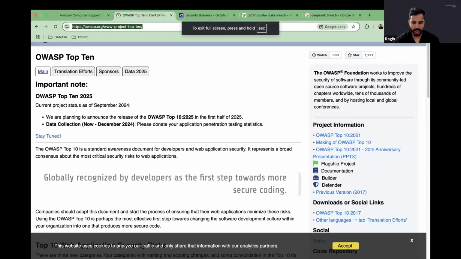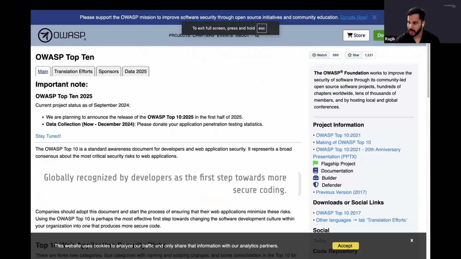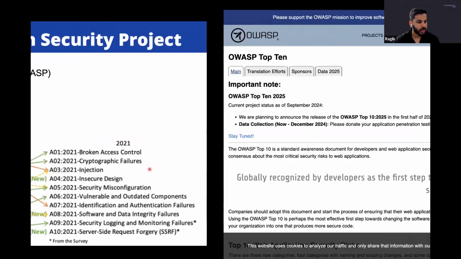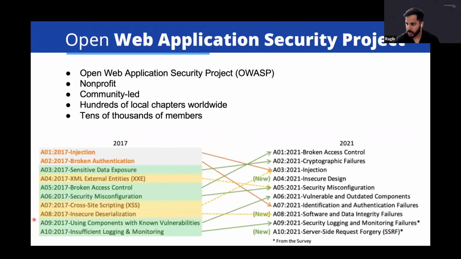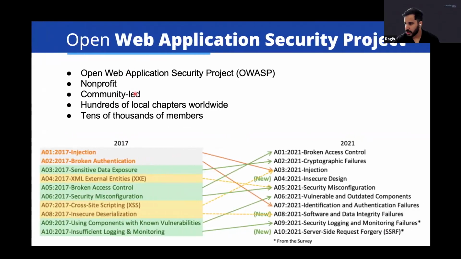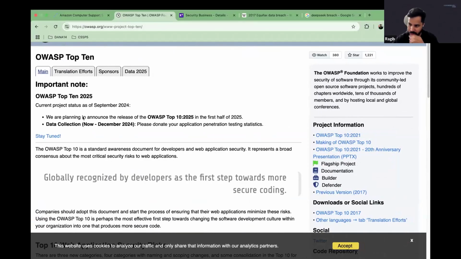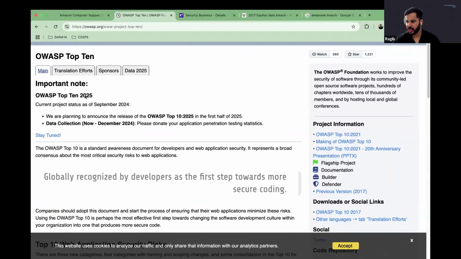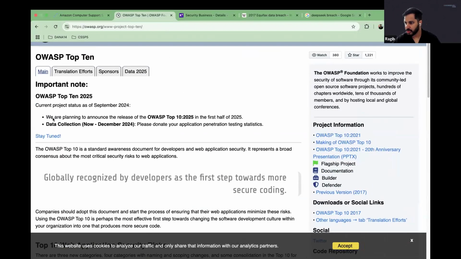The last list that was updated was back in, I think, 2021, and I believe they are working on releasing one this year. Yeah, so we are planning to announce the release of OWASP 2025.